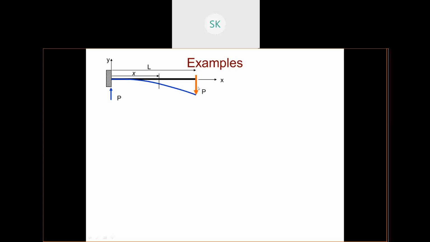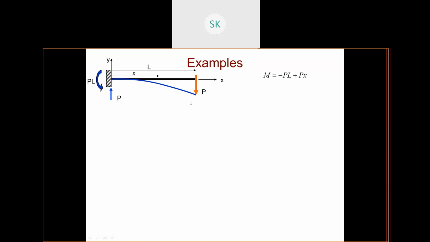To counterbalance this load, as I have always discussed, there will be one force and one moment at this support. The force will be P, and the moment will be M, which is also represented as P into L. If I take a section X-X at this point and use the equations of equilibrium, you will get the equation M is equal to minus PL plus Px.